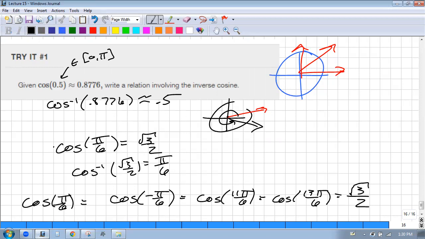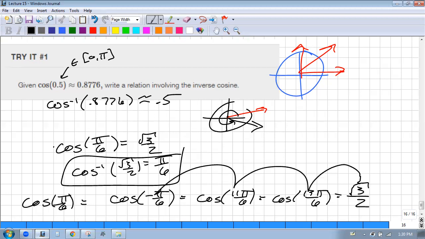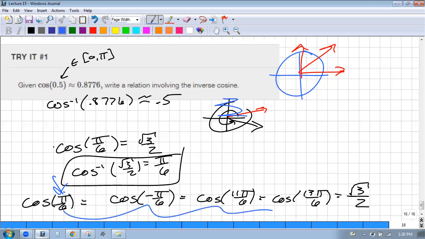But cosine inverse of root 3 over 2 can't give you an infinite number of outputs. It can't give you an infinite number of answers. It has to give you that one. We defined it to be that way. There can only be one choice, right? So really this is like a candidate. We defined the inverse to always give us the one that is up here. Because we like our inverses to be perfect inverses.